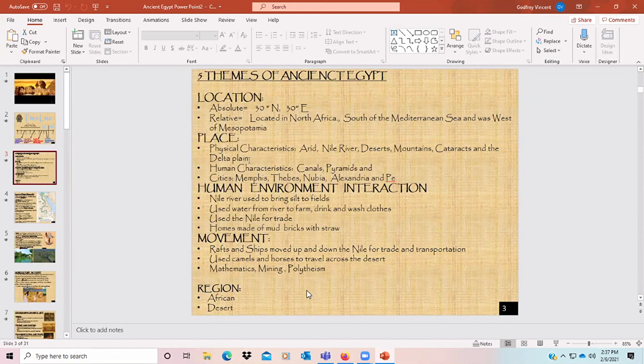In terms of physical characteristics, there is the Nile River, deserts, mountains, cataracts, and plain, delta plain.